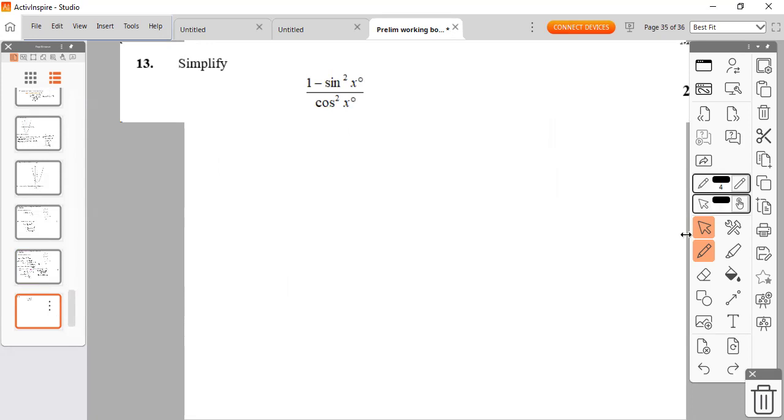Trig identities. Comfortably the worst answered question in any paper. That's because we need to remember two identities.